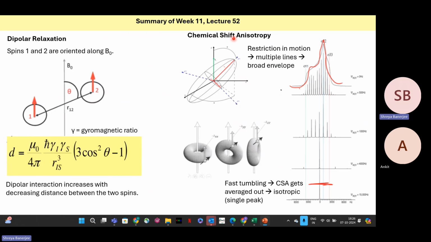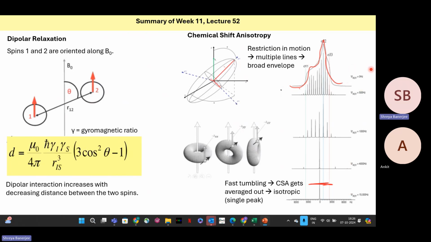And as for chemical shift anisotropy, I was also talking about this earlier: due to fluctuations in the local magnetic field, the spin can be oriented in different directions. So there will be a lot of chemical shifts near each other, and you will see a broad envelope.